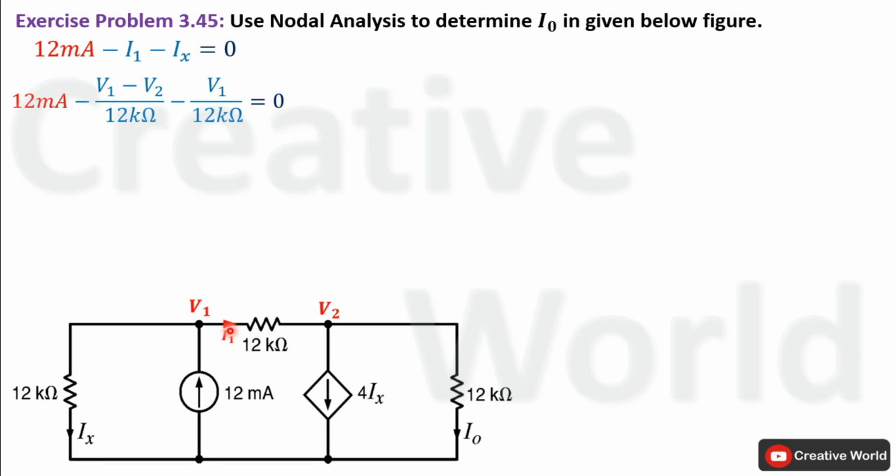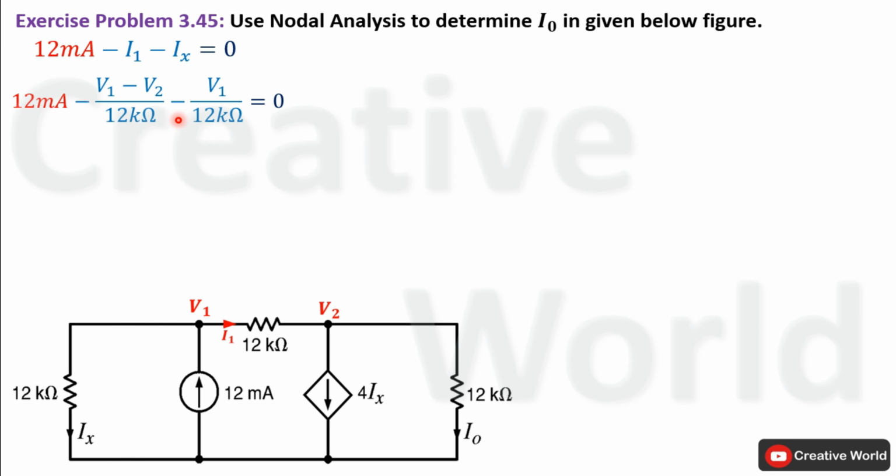Here the direction of current is from this node to this node, so this node will be considered at higher voltage than this node. So (V1 minus V2) divided by 12 kilo ohm will be equal to I1. Similarly, Ix will be equal to V1 divided by 12 kilo ohm because this V1 is appearing across this resistance as well because of parallel connection.